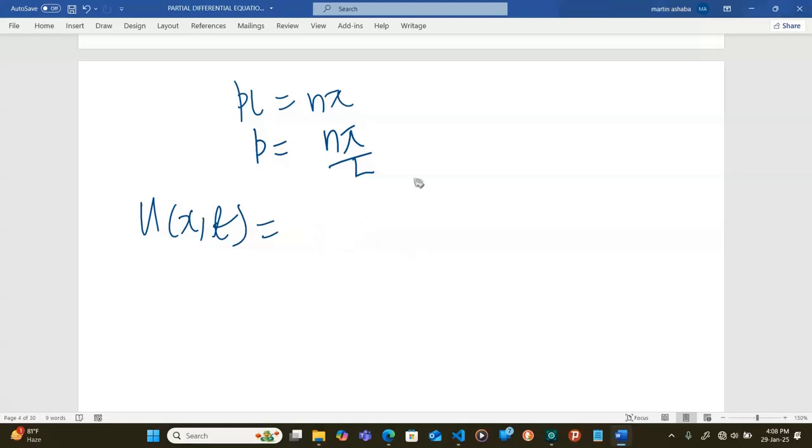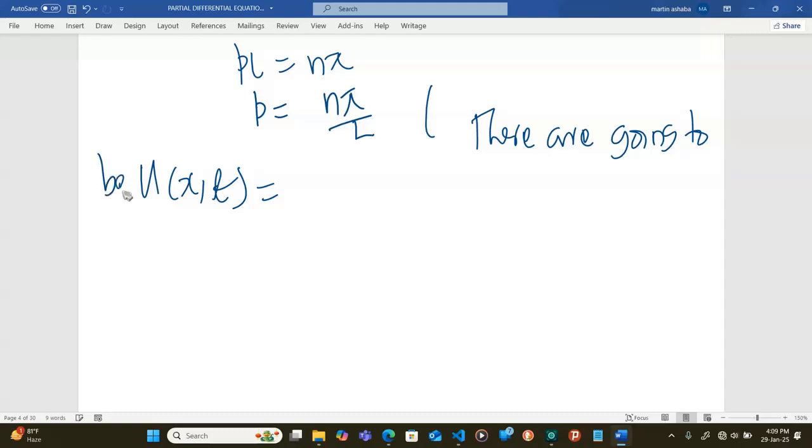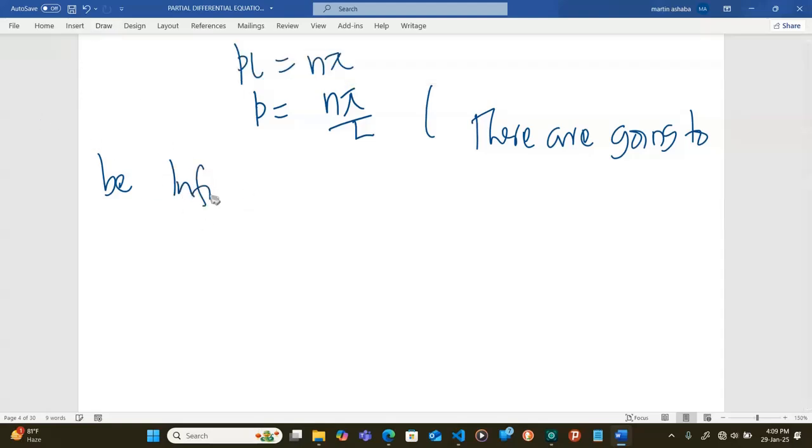If you are talking about a general solution, remember, if we are talking about n, there are going to be many, infinite or very many u(x,t) values, of course, due to n being at infinity.